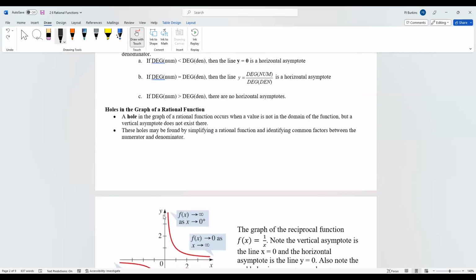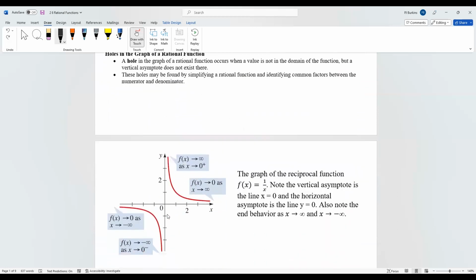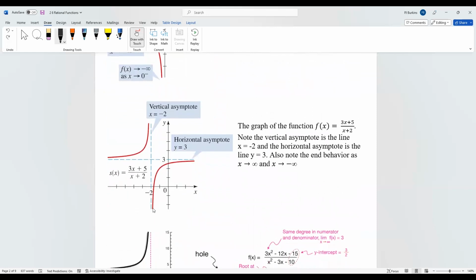Let's look at the other definition again. It says the line y equals b is a horizontal asymptote if the y value approaches b as x is going off to infinity or negative infinity. Okay. Again, looking at this example, as x keeps going on forever to the right, you see that this function is approaching y equals 3.